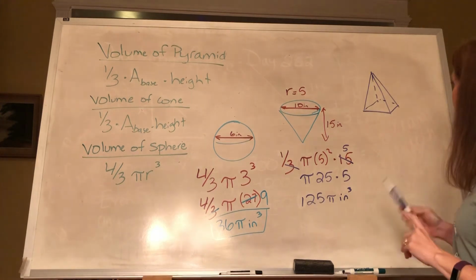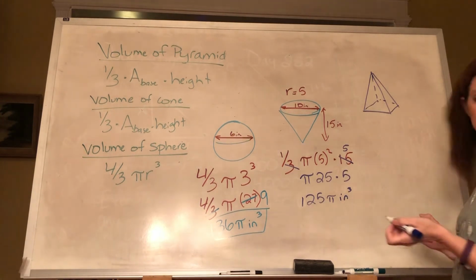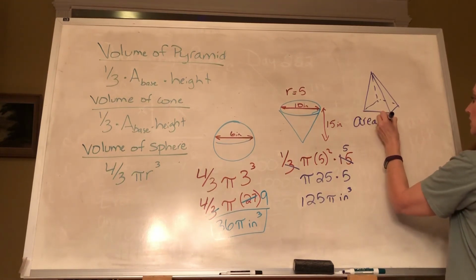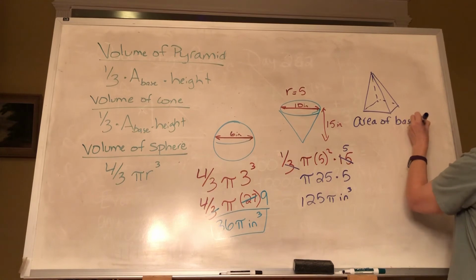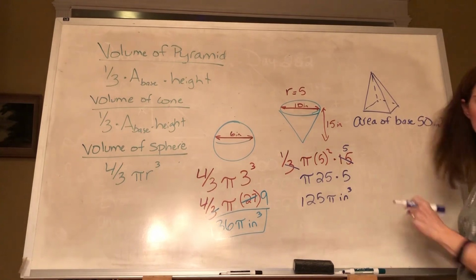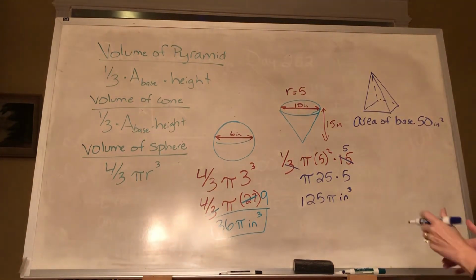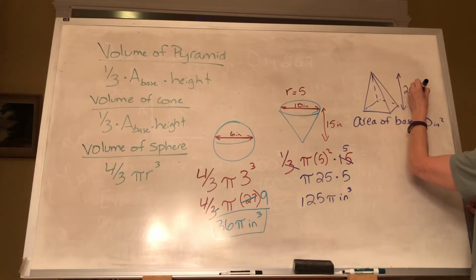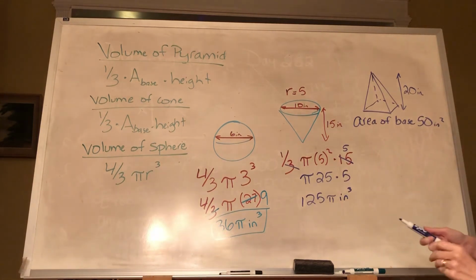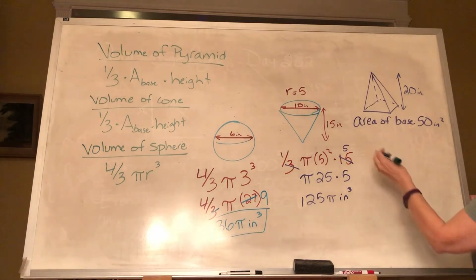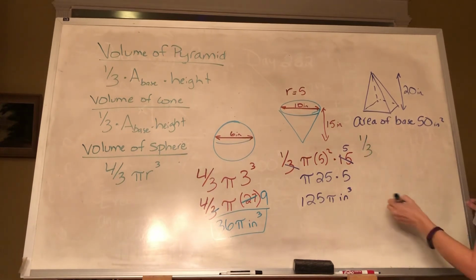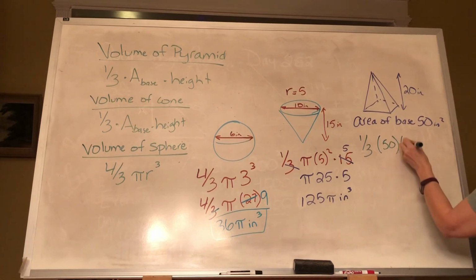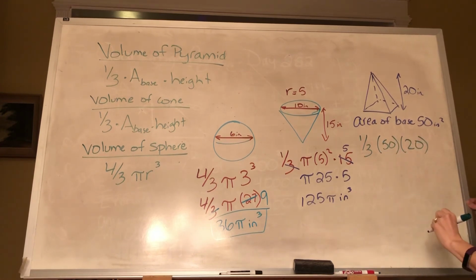The problem tells us that the area of the base is 50 inches squared, and then it tells us that the height is 20 inches. So if we're going to find the volume of the pyramid, we've got 1/3. Area of the base is 50, and the height is 20.